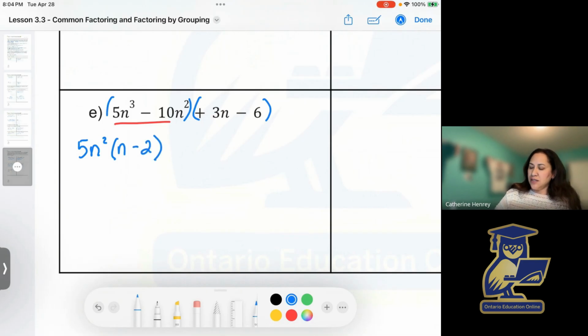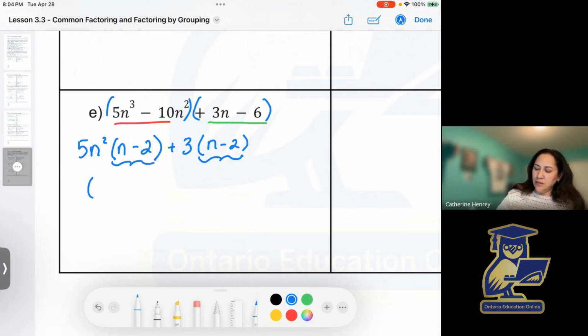Over here with the second bracket, I have 3n minus 6, and it looks like the only thing I can take out here is a positive 3. That's going to leave an n minus 2. And there's my common bracket. So n minus 2 is the first common factor, and then I have 5n squared plus 3.